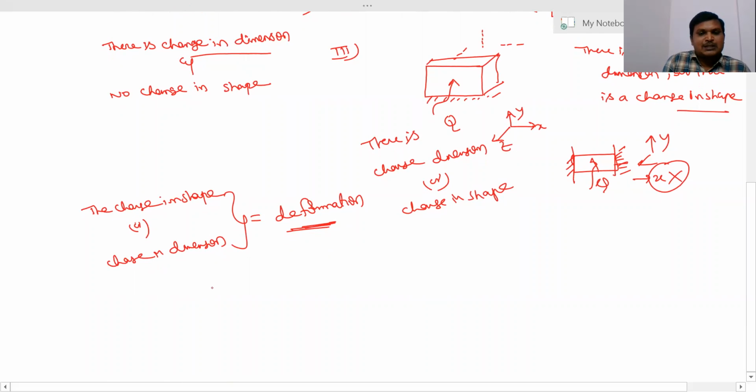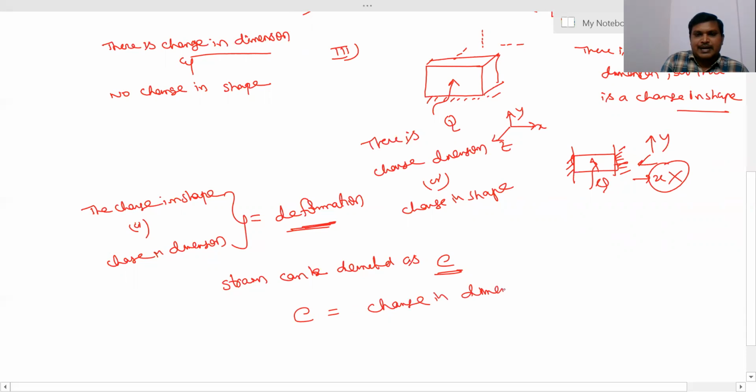As a mathematical expression, strain can be denoted as small e. So the strain can be expressed as change in dimension by original dimension.